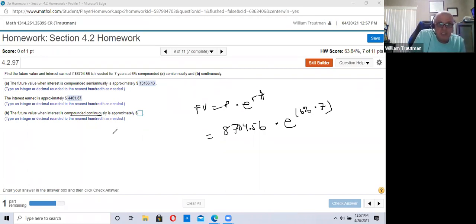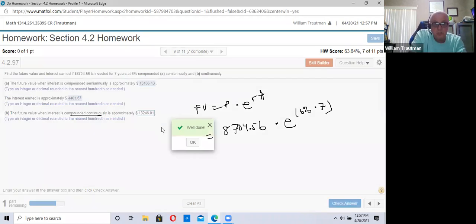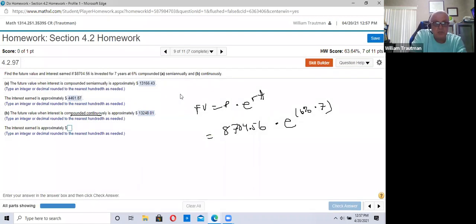And when I type this into my calculator, I get 13248.01 if I round it to 2 decimal places, because I get 0.005, which rounds to 0.01. And that's the answer. And the interest earned, you just subtract the two. I'm not going to do that.